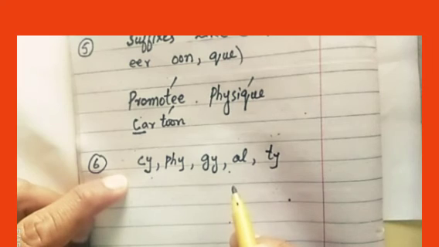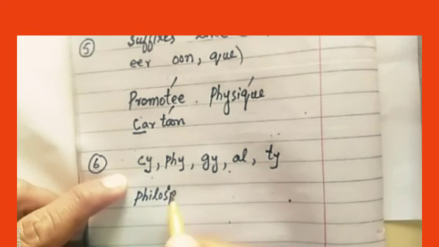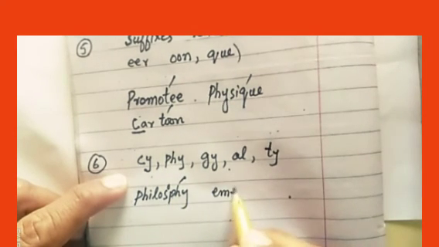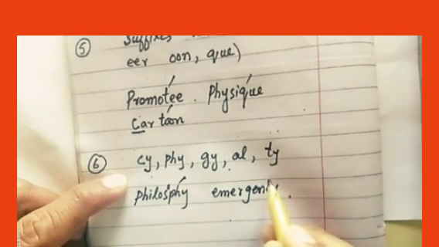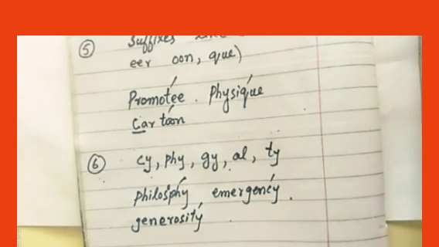For example, in the word philosophy, the stress will be on this one. Emergency, generosity. So this was the sixth rule.